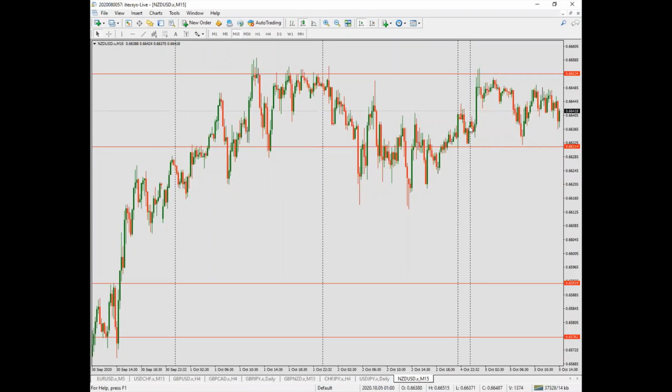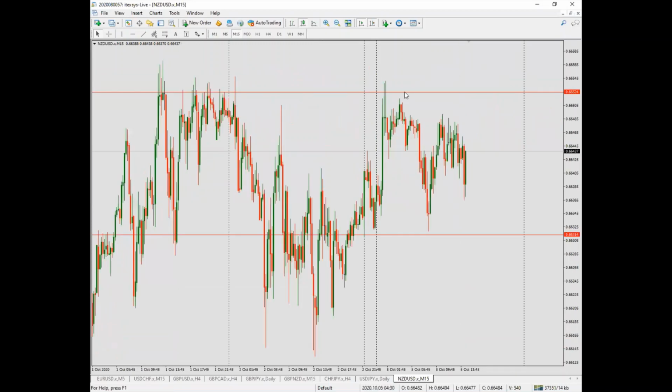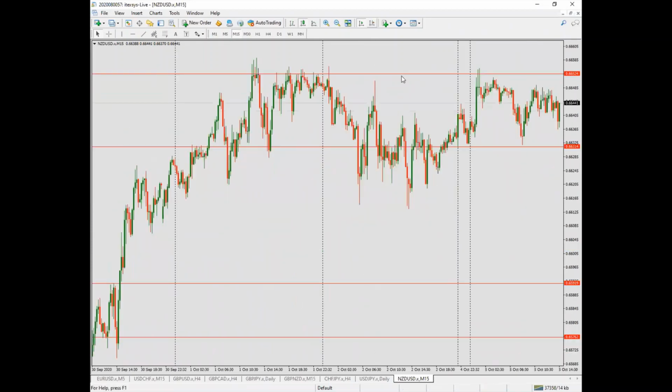It's this demand, which was already tested once here. So if the price will break out this level, then we can look for a sell position, a reason to sell, for a new supply that the price created or something like this, because if the price breaks out this, there is a high chance that the price is already on its way to reach at least this demand here at the bottom.